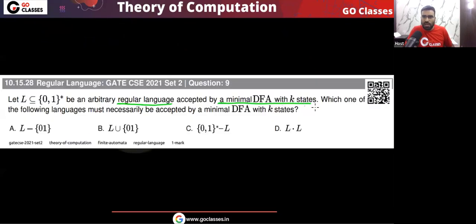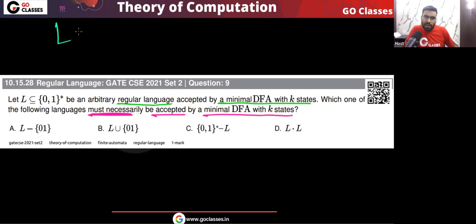in the question. Now the question is saying, which one of the following languages must necessarily be accepted by a minimal DFA with K states? See, the question is beautiful.